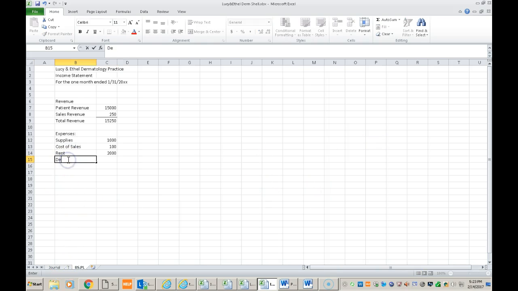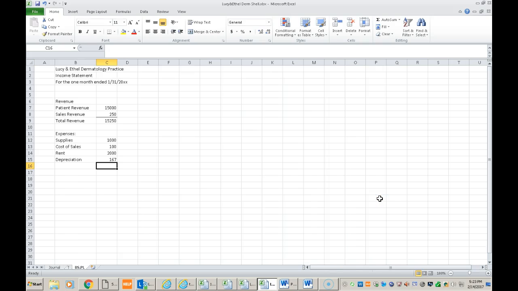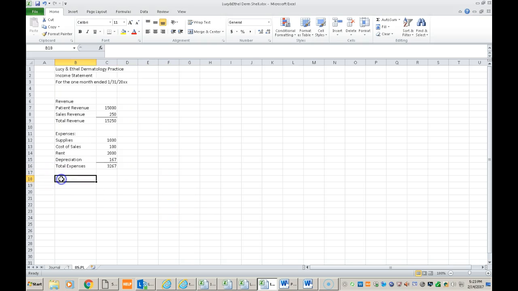And we have depreciation. So we have total expenses, $3,267, and so we have net income. If I do plus 15,250 minus that, so our net income is 11,983.